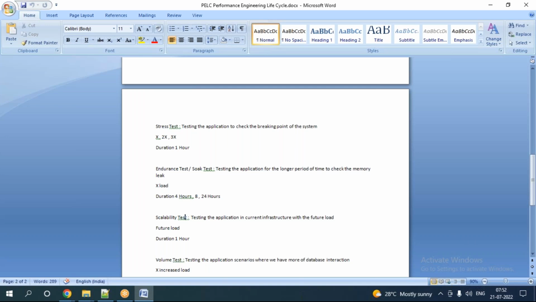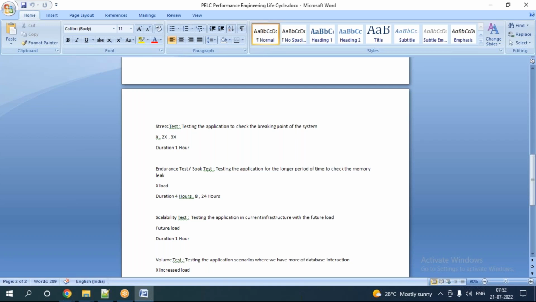So for that 2,000 user load, I am going to test it in the current infrastructure now, because I want to make sure that in the current infrastructure itself I am able to manage the 2,000 user load or not.